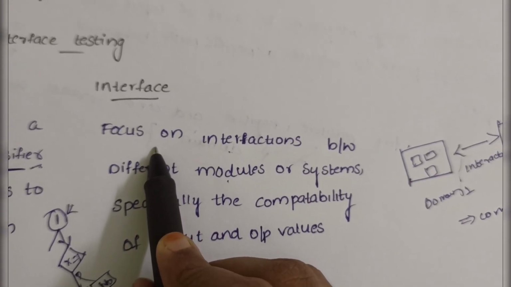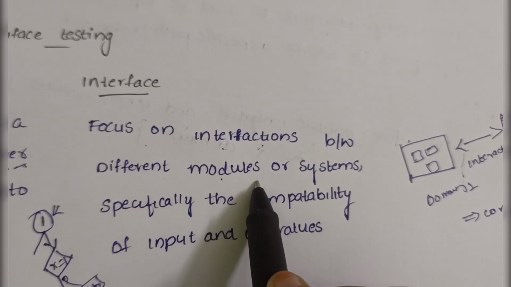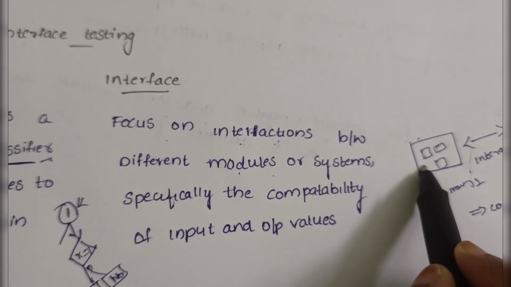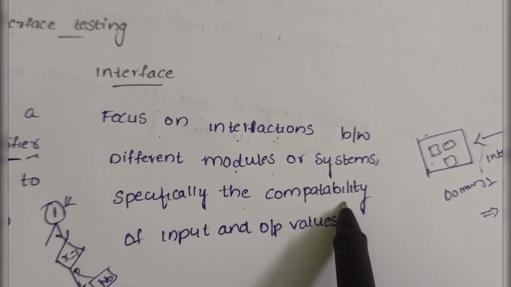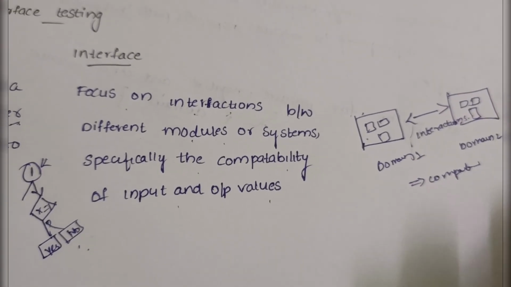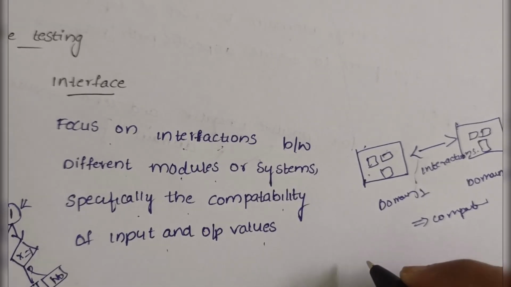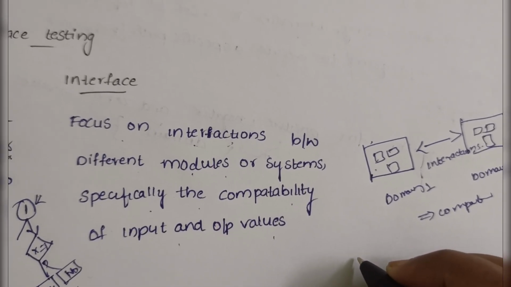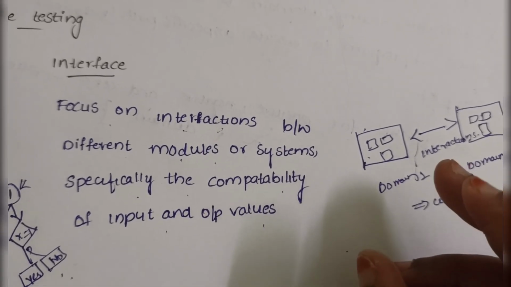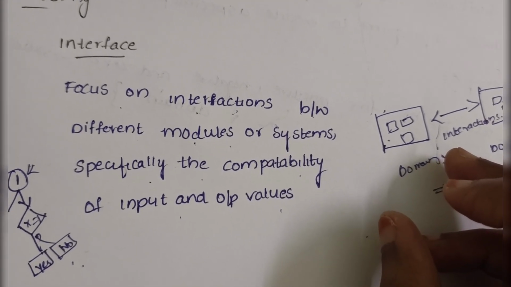Interface testing focuses on interaction between different modules or systems, specifically the compatibility of input and output values, which means fixed or correct input and output values.